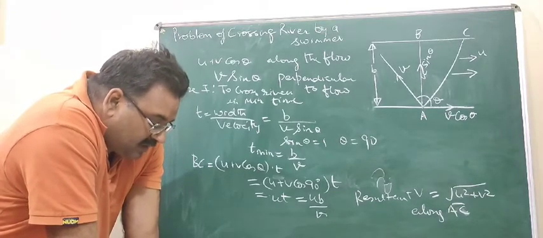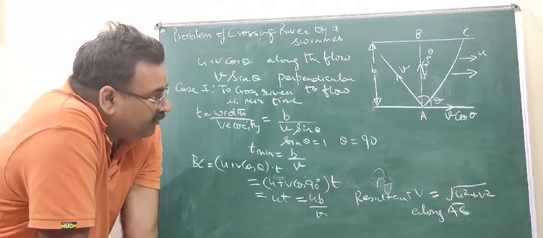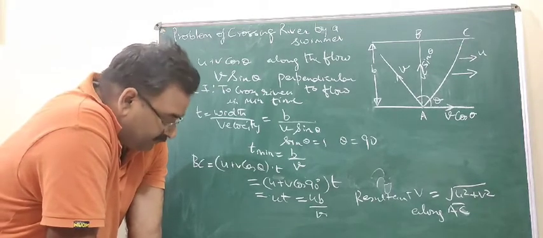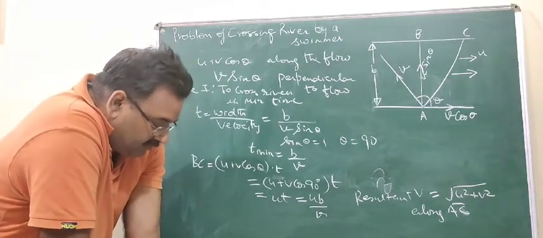Let the swimmer start swimming from the point A at an angle theta with the direction of the flow.